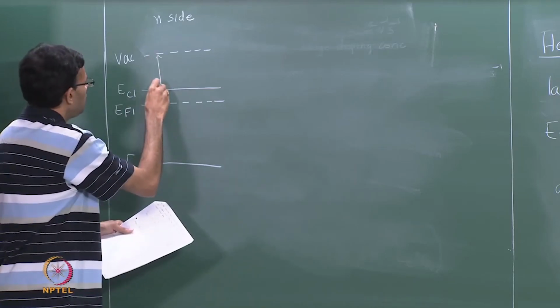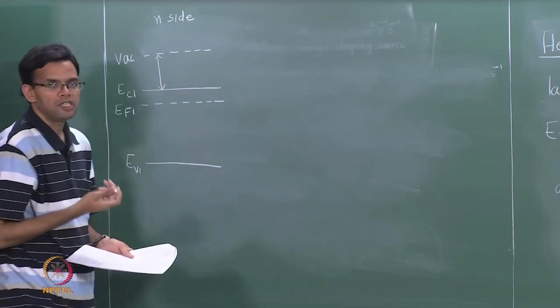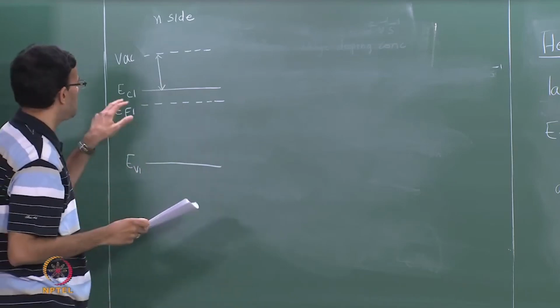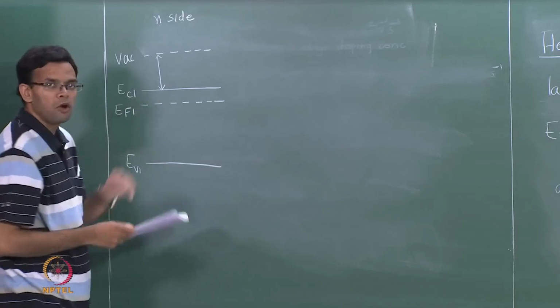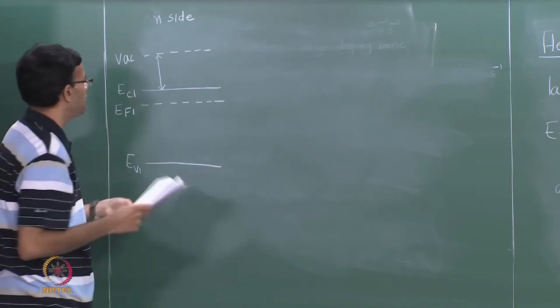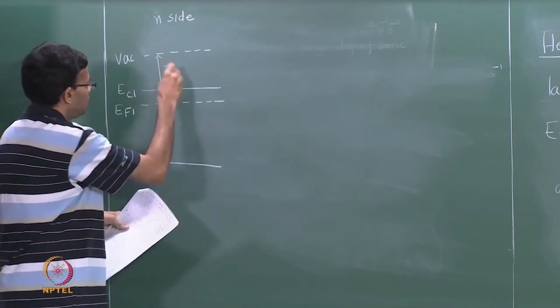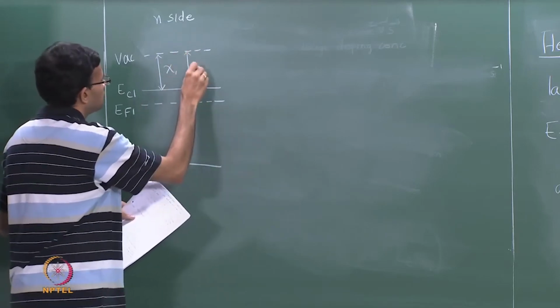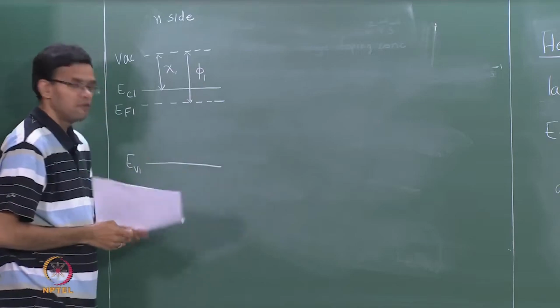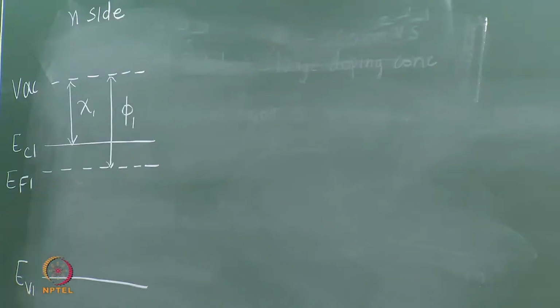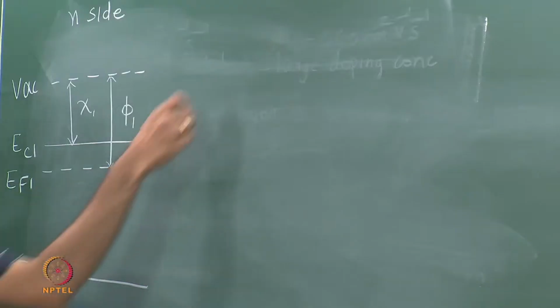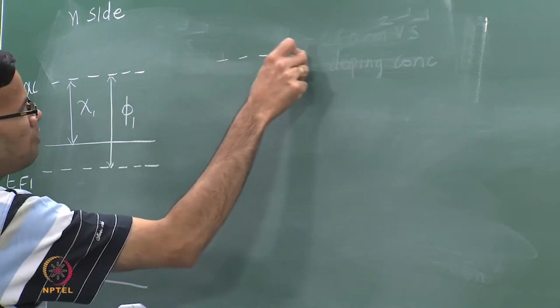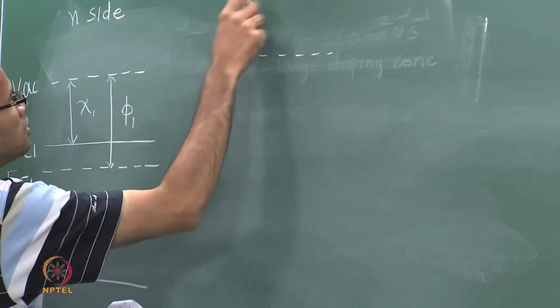So, we can define an electron affinity. Electron affinity is nothing but the energy from the bottom of the conduction band to the vacuum level. You can also define my work function. This is going to form a junction with a p-type material which has a smaller band gap. This is the p side.